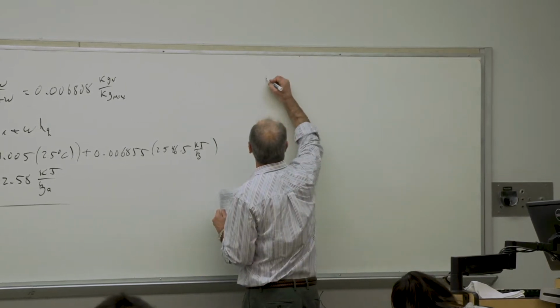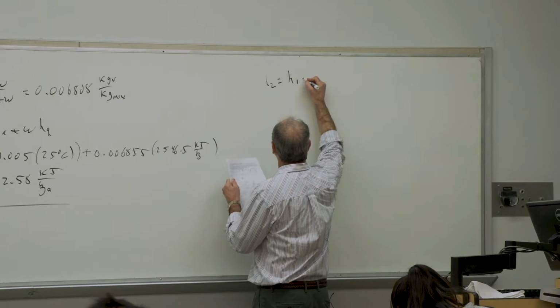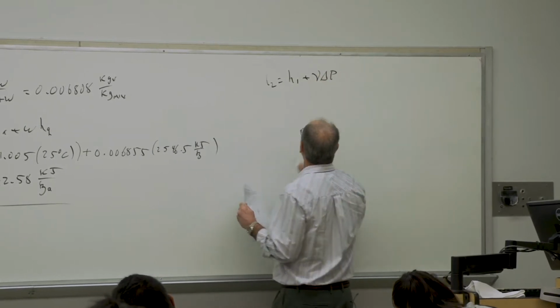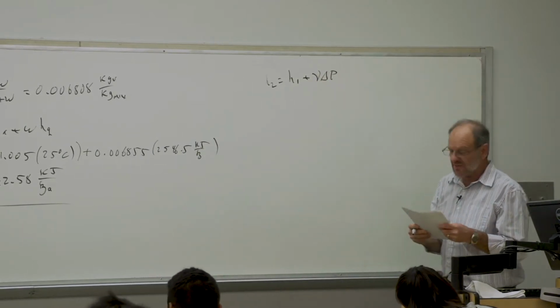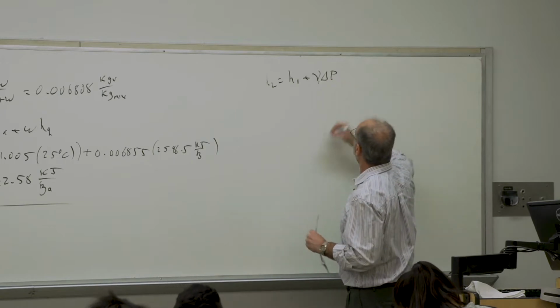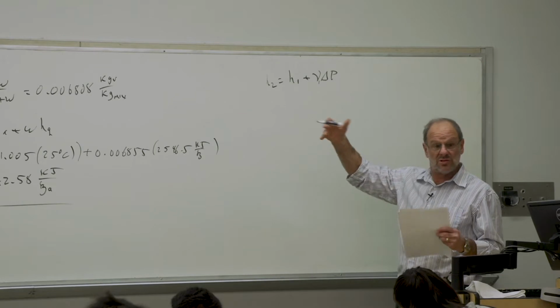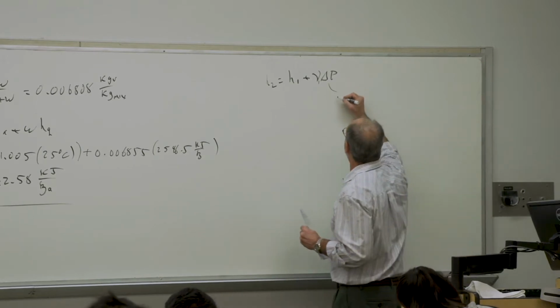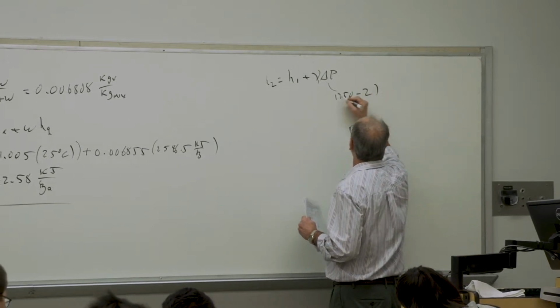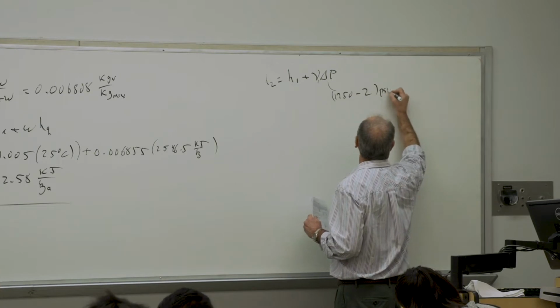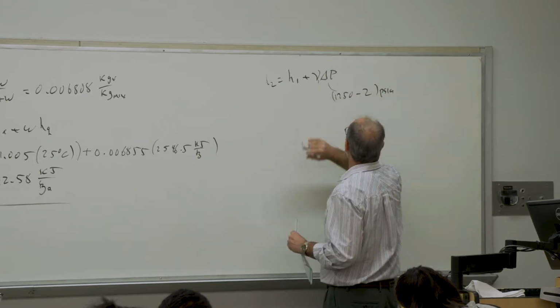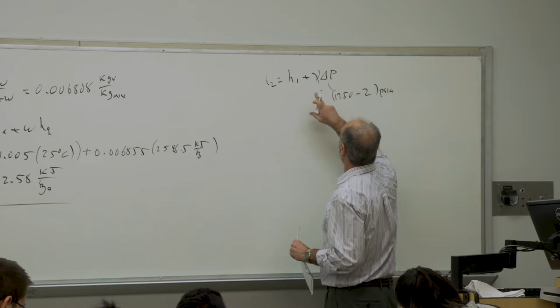Let's keep in mind that the first thing we'll calculate is H2. This is just going to be H1 plus the specific volume at 1 times the pressure difference, and we're going from 2 psi up to 1750. Note also that the units here are definitely wrong.